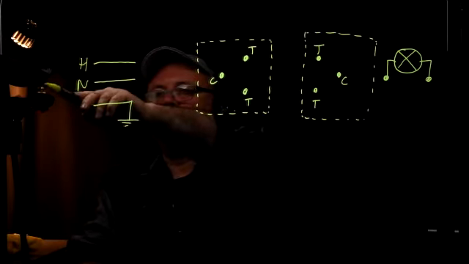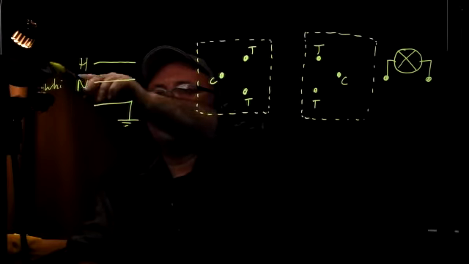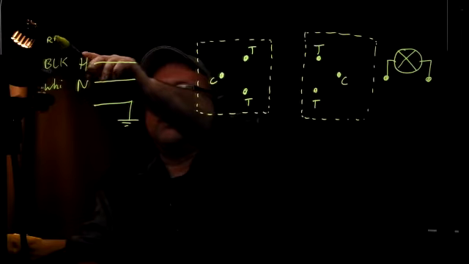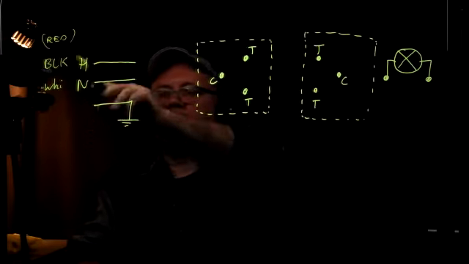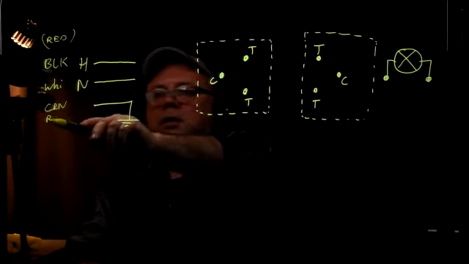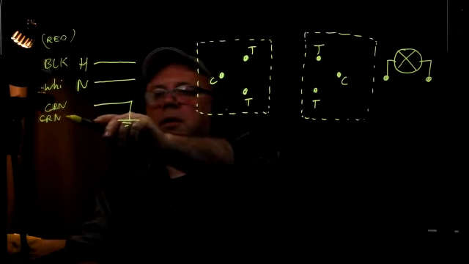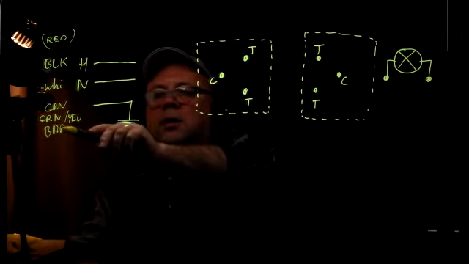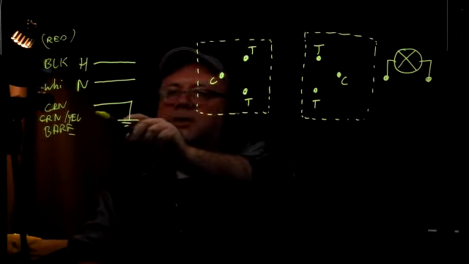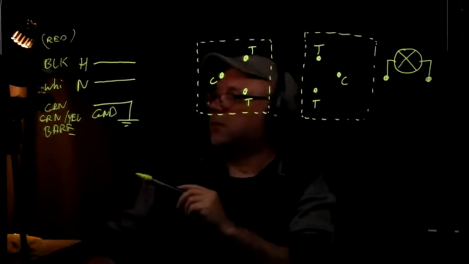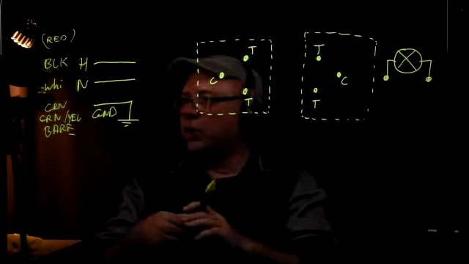So this would be white, this would be black, and if there was a third one, this would be red. And this here would be either green, or green with yellow stripe, or bare copper. That's the ground or bond. Following me so far? Good.